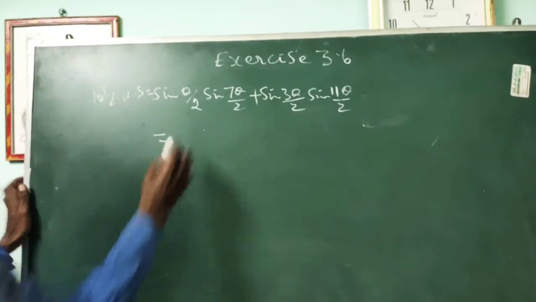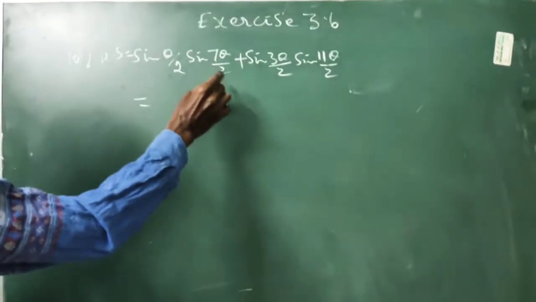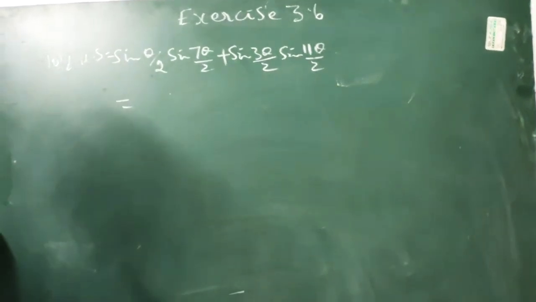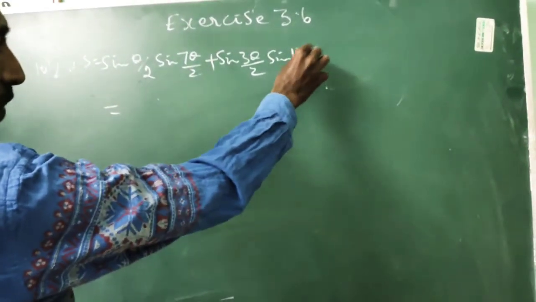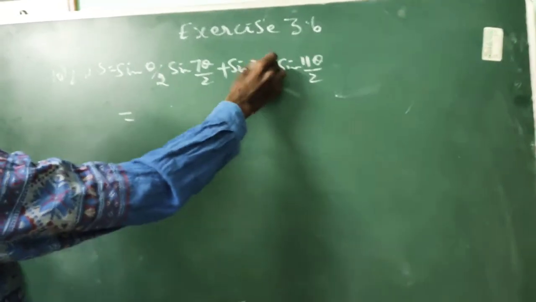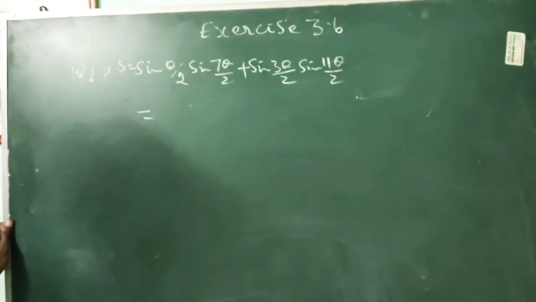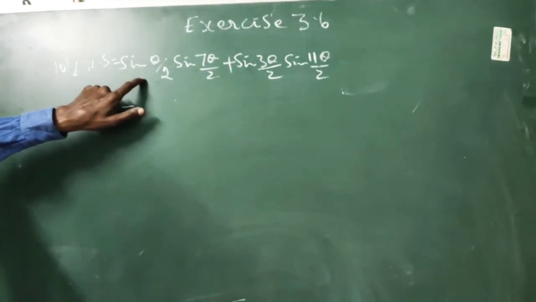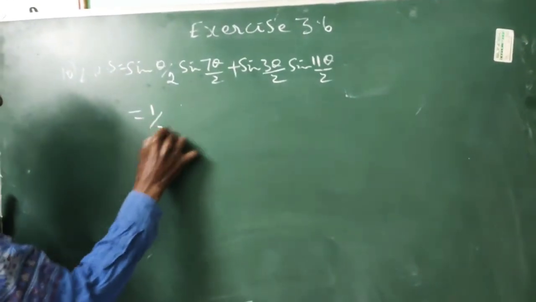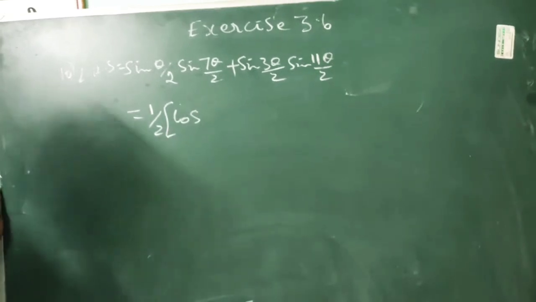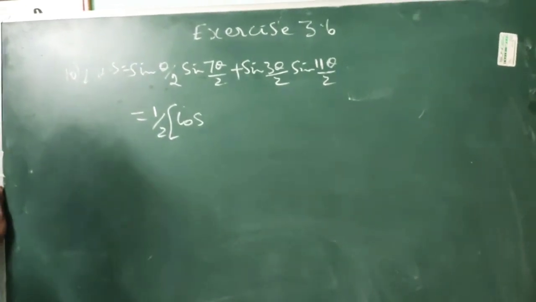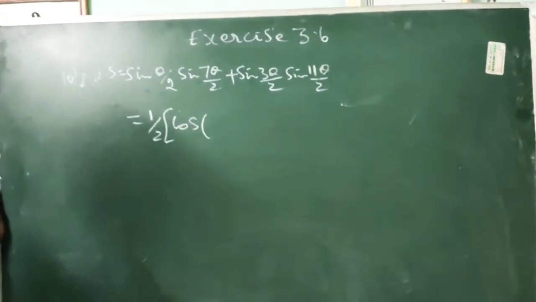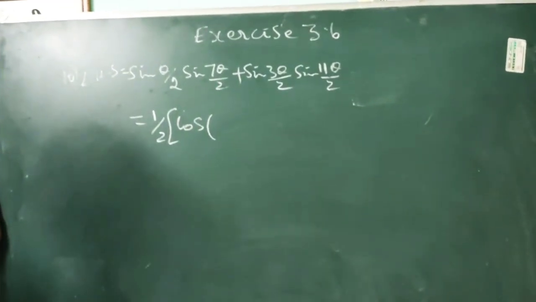In the first term take 7 theta by 2 as A and theta by 2 as B, and in the second term take 11 theta by 2 as A and 3 theta by 2 as B. So it is of the form sin A sin B. Sin A sin B is nothing but 1 by 2 [cos(A minus B) minus cos(A plus B)].